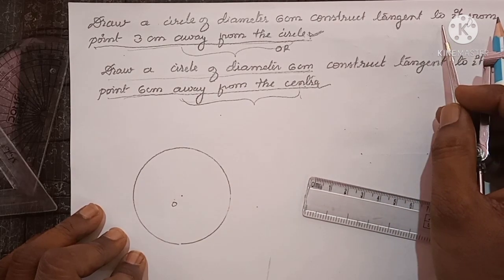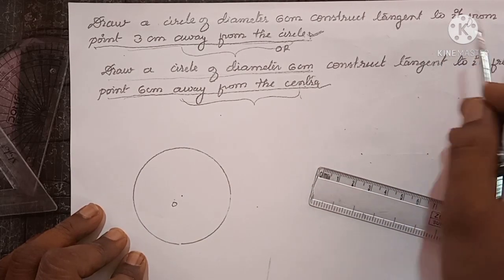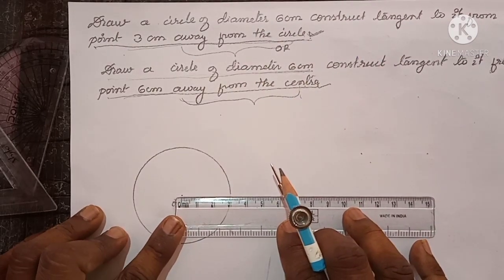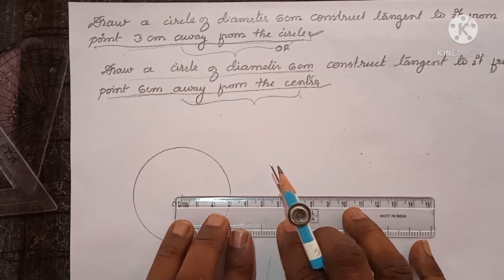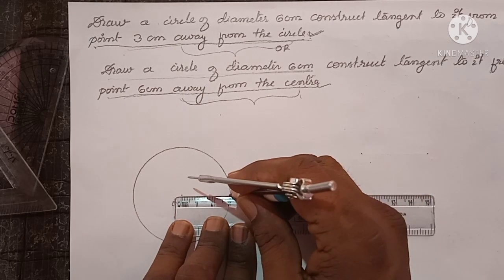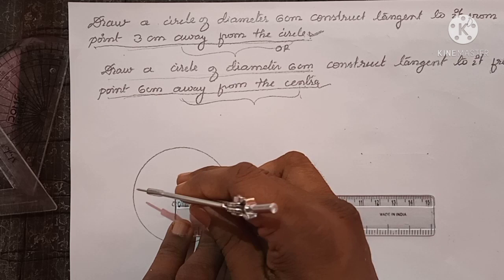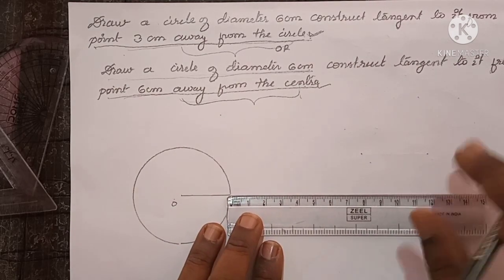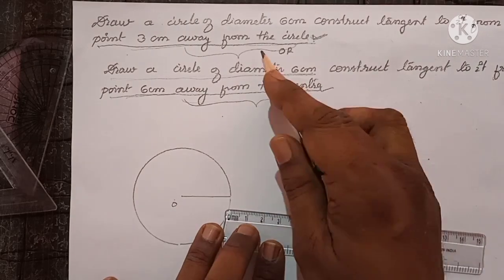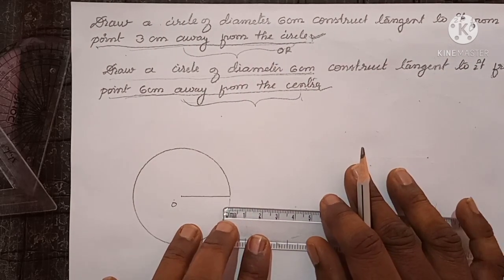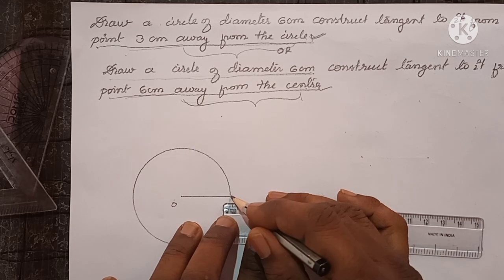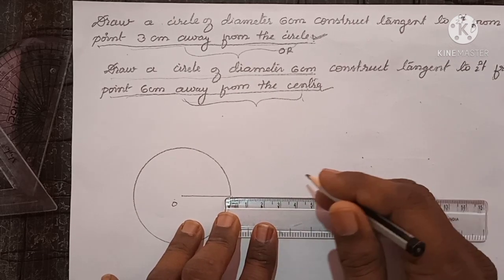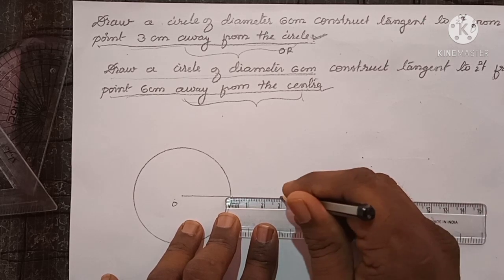The next one is the external point, which is away from the circle. What does that mean? Here the circle of radius is 3 cm, and away from the circle means the external point must be away from the circle by 3 cm.